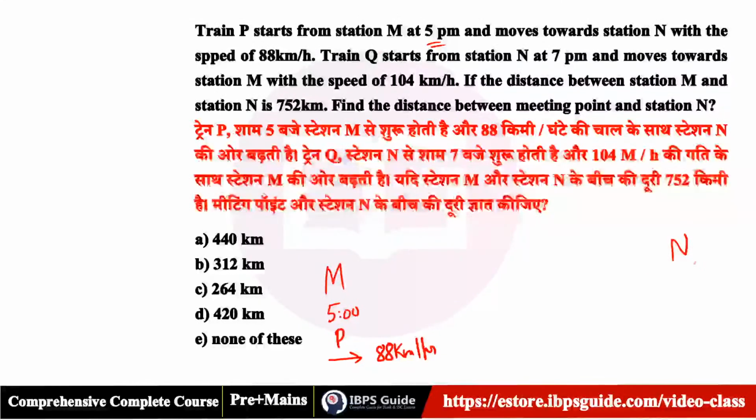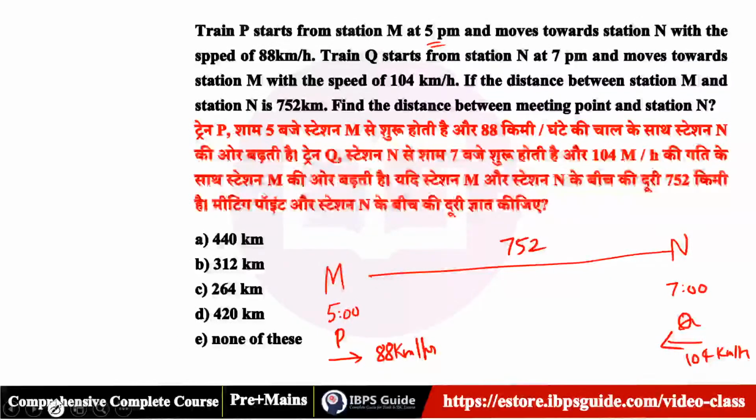Train Q starts from station N at 7 a.m. towards M with this speed. That's good. Now look, if the distance between M and N, the complete distance, is 752 km. Let's change the color of the pen.